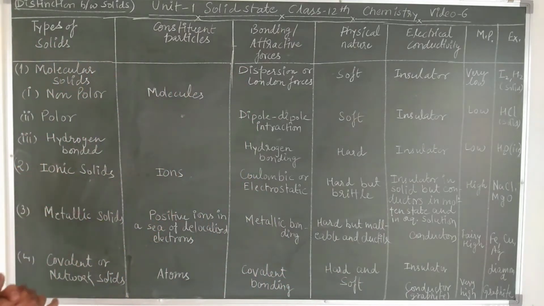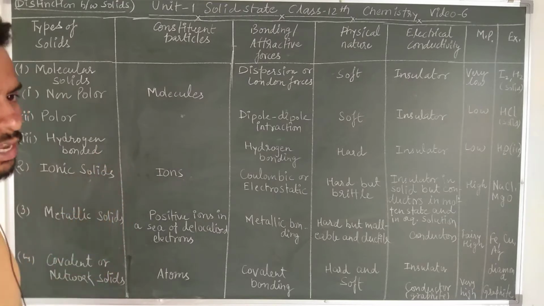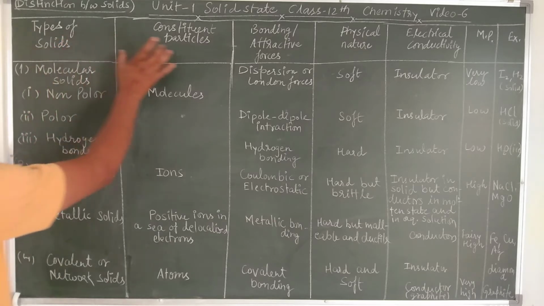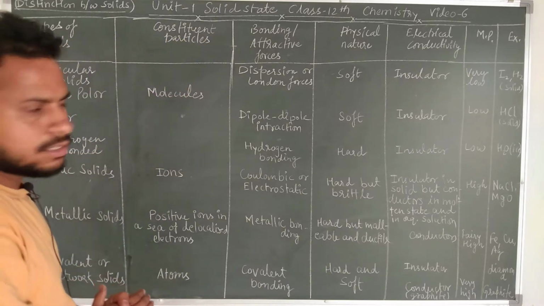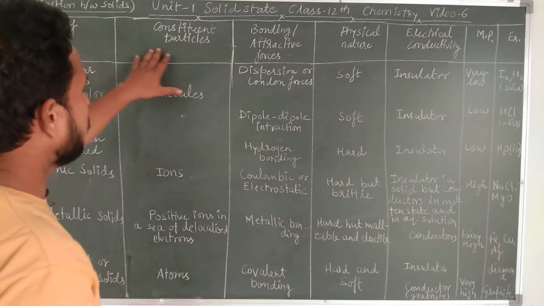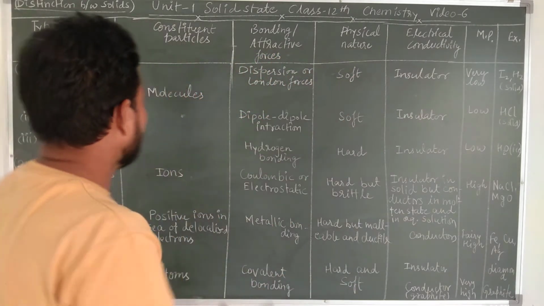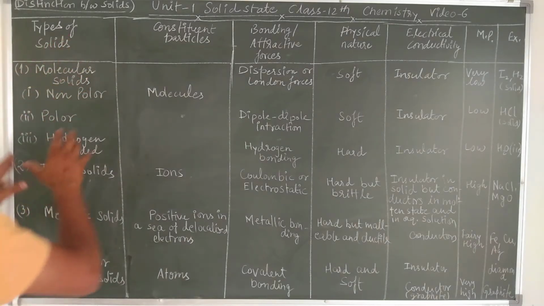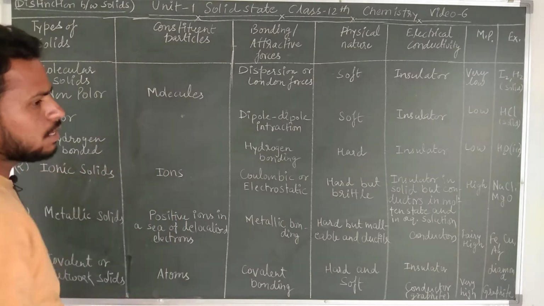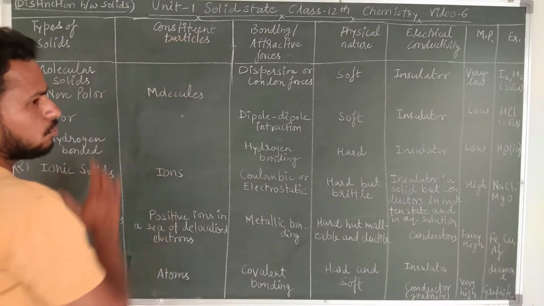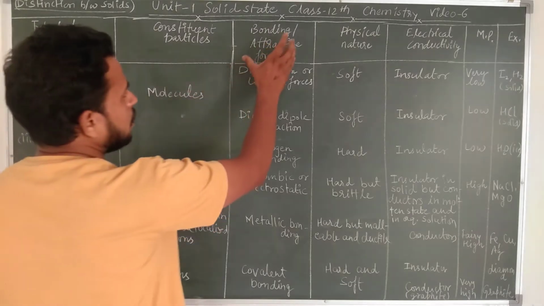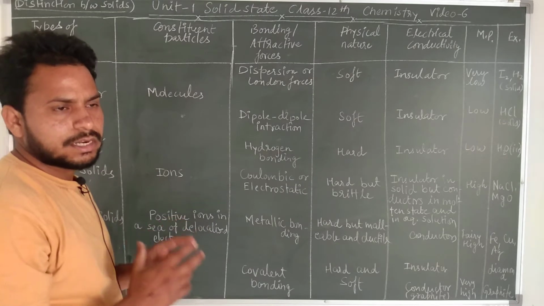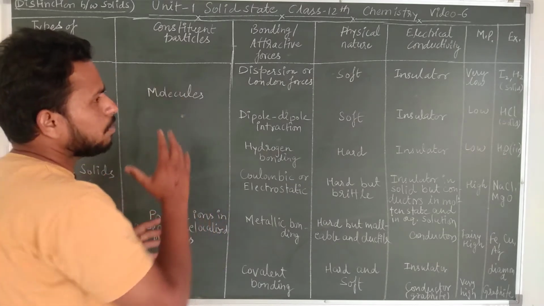So this is the flow chart of crystalline solids. These are the main differentiating points. With the help of these points we differentiate these types of solids. We differentiate on the basis of constituent particles. Further, we differentiate by the attractive forces, that is, the bonding between constituent particles.